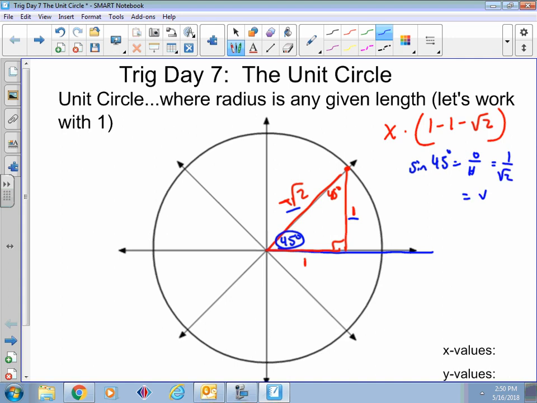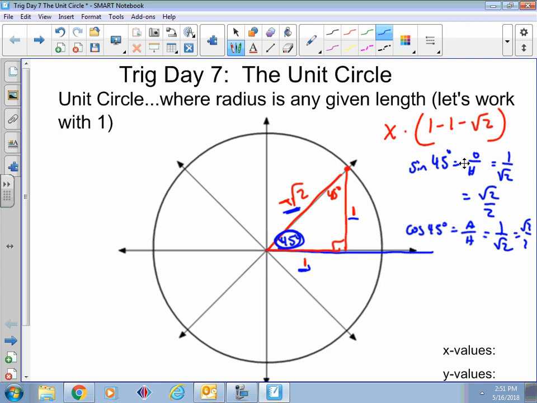Got to rationalize it, and I get root 2 over 2. What's the cosine of 45 degrees? Do the same thing, but cosine is the ratio of adjacent to hypotenuse. The adjacent of 45 degrees is this 1, over the hypotenuse of root 2, and that's also root 2 over 2. You can continue going with tangent and so on and so forth.